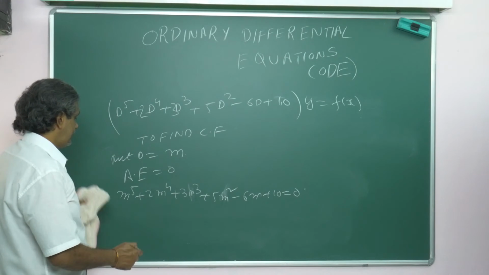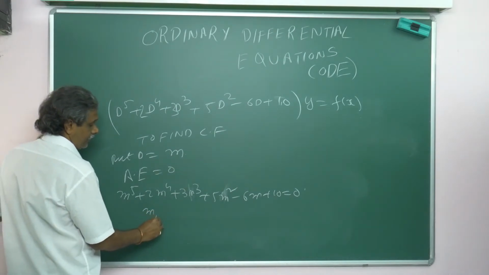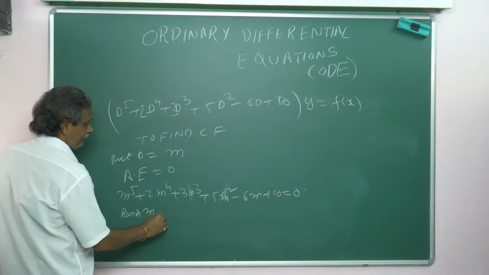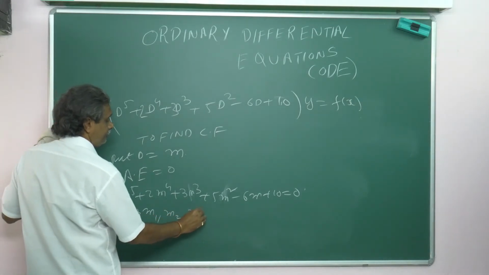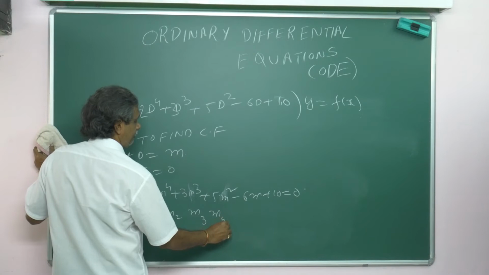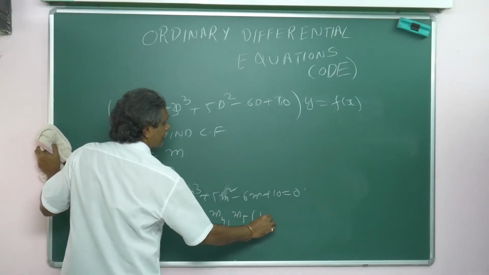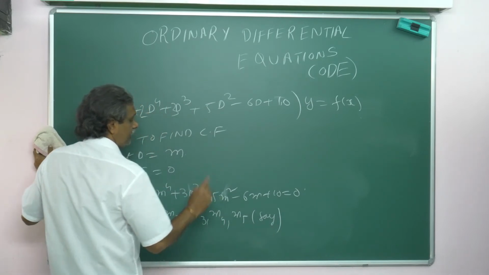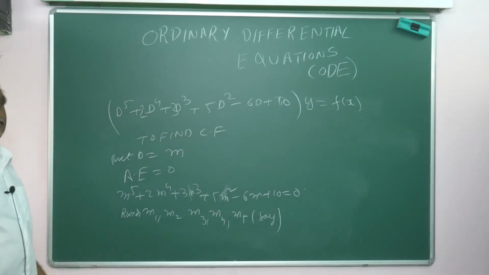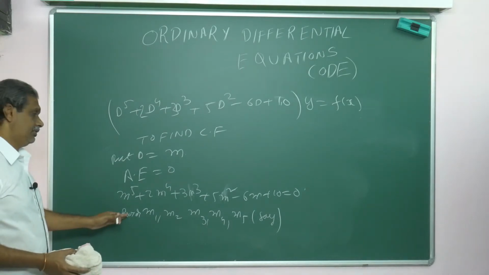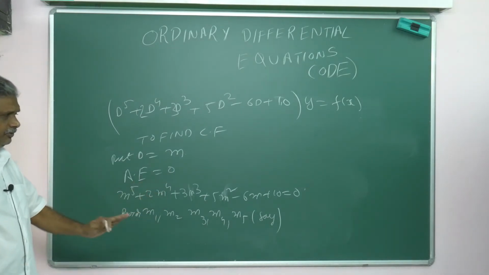For fifth degree, I got 5 roots: m1, m2, m3, m4, m5. Now to find CF, first find the roots, and you will have the roots in your hand.